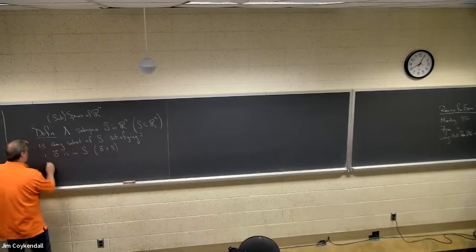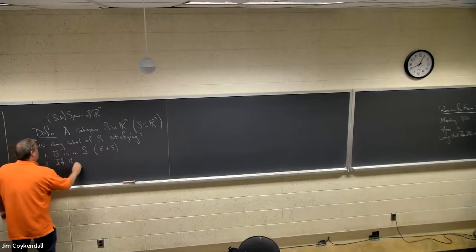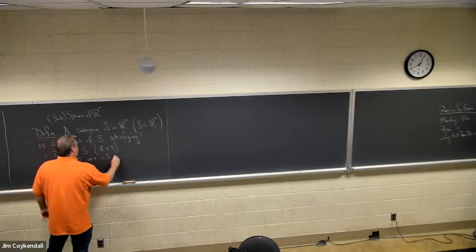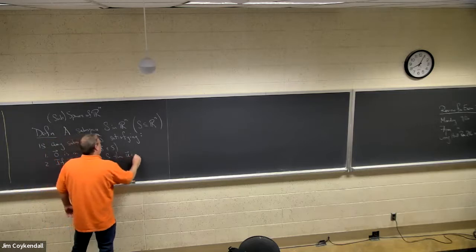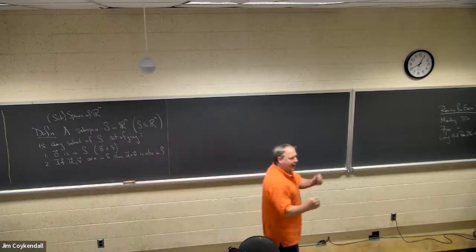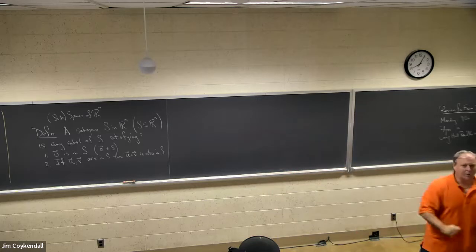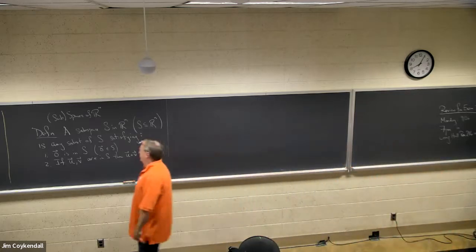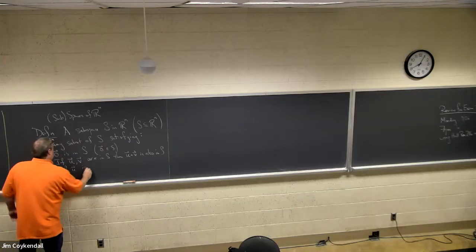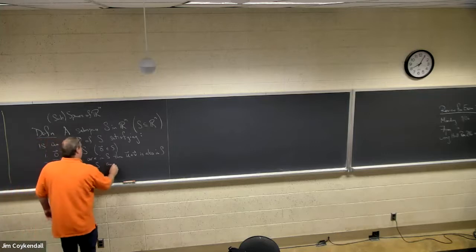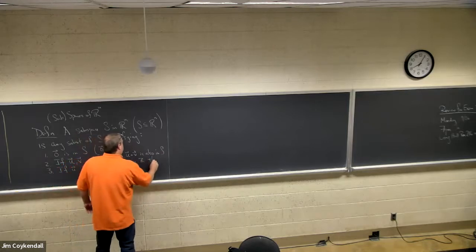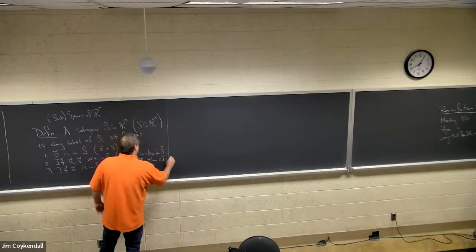That is to say, number two, if u and v are two vectors that happen to live in this little piece, then when you add them up, u plus v also lives in the little piece. And three, if u is in this subspace and c is in the reals, then cu is in the subspace.